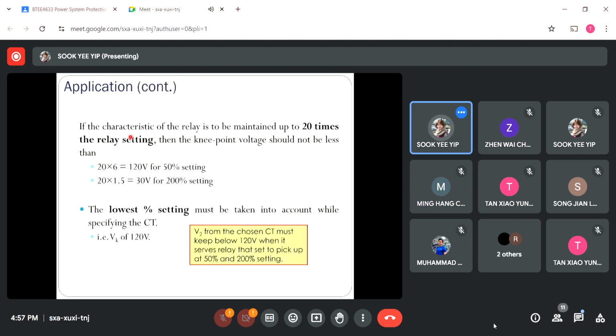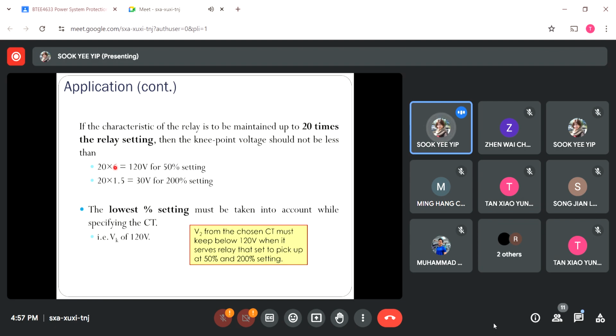So what if I want to maintain the characteristic of this relay up to 20 times the relay settings? So 20 times bigger is now considered a fault. I want to find what knee point voltage I should select for the current transformer.